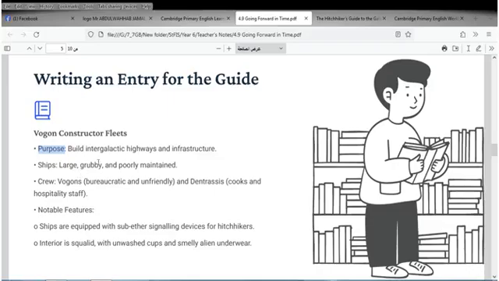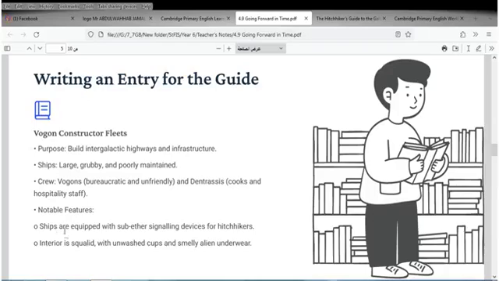So the purpose, as I said, is to build intergalactic highways and infrastructure. This is the company. Ships: they are large, grubby, and poorly maintained. Crew: Vogons, bureaucratic and unfriendly owners or employees who run and manage the ship, while Dentrassis are cooks and hospital staff.